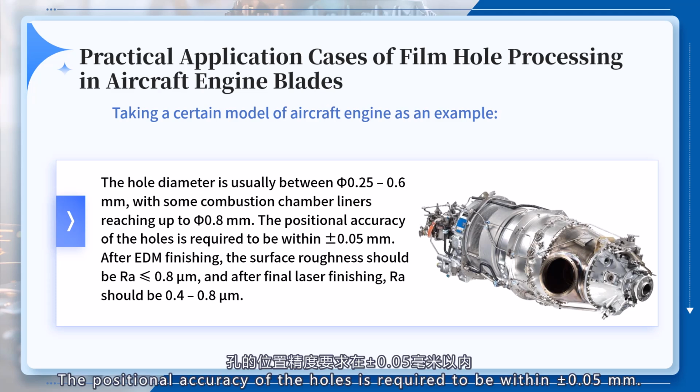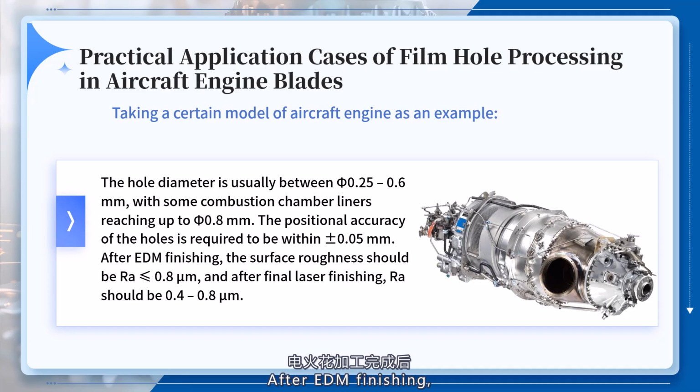The positional accuracy of the holes is required to be within plus or minus 0.05 mm. After EDM finishing, the surface roughness should be Ra ≤ 0.8 μm. And after final laser finishing, Ra should be between 0.4 and 0.8 μm.